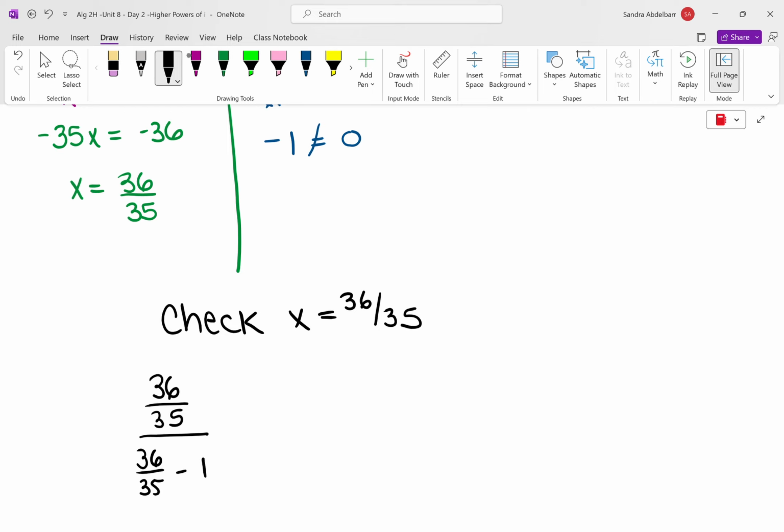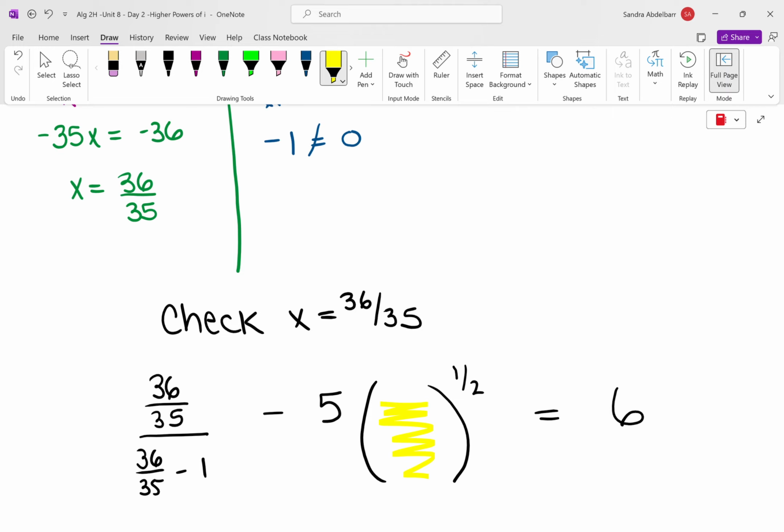So what does that mean? It means we're going to have 36 over 35 over 36 over 35 minus 1, minus that whole thing raised to the half, and we need it to equal 6.